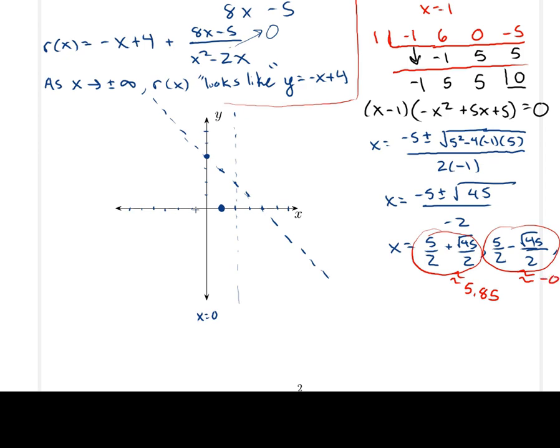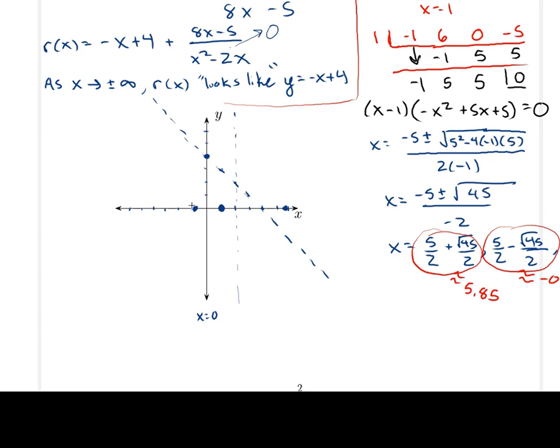So going back over here, -0.85 is just inside of -1. 5.85, 1, 2, 3, 4, 5.85, so it puts me right about there. Okay, and so now I go ahead and I try to work this out. I know that as I go toward -infinity, I've got to approach the slant asymptote.